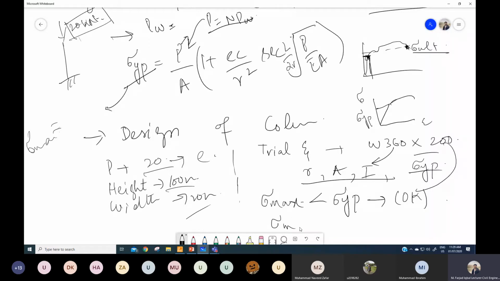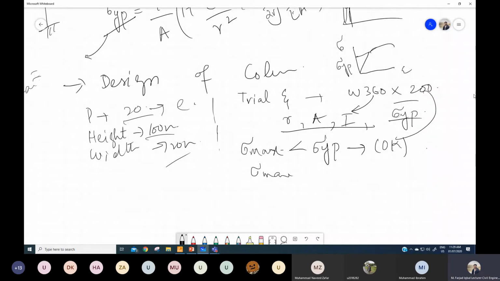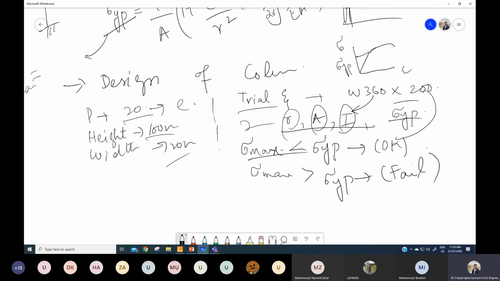But in the case when, if we select this section and calculate this sigma maximum, and it comes out to be greater than the yield stress, then we will say that this section is definitely going to fail, and we have to do trial number 2 and select some stronger section, or a section which has a higher weight or better factors, or we will select a section for which we can get sigma maximum less than sigma yp, considering all these requirements.